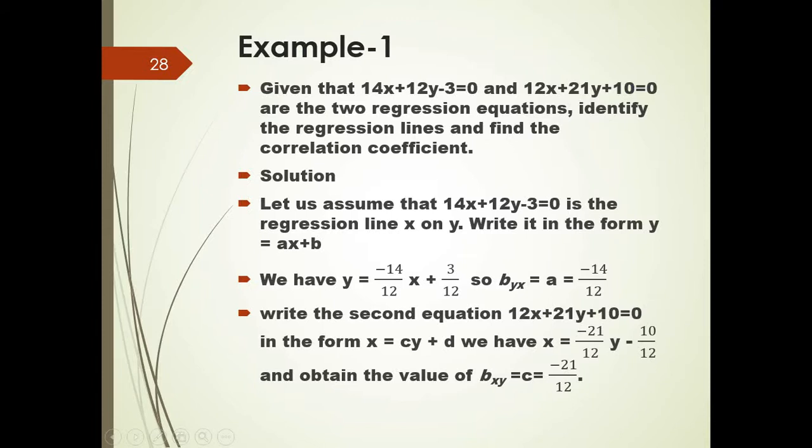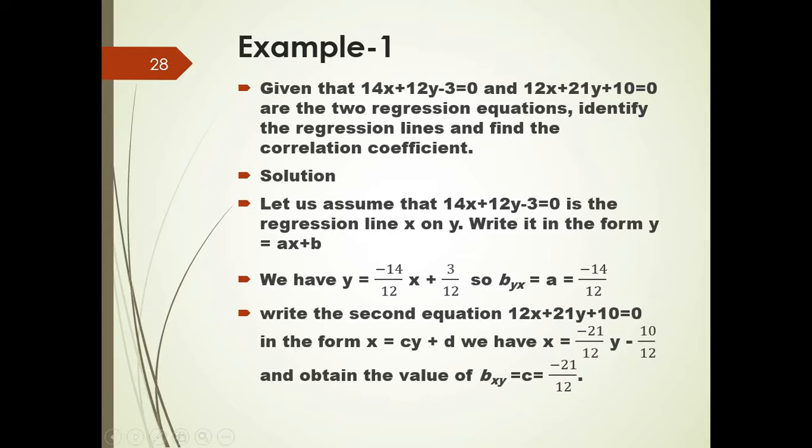How to identify this? For this, first take one of them. I take this first equation as y on x, and I write the equation in the form y equal to a coefficient times x plus c, where y has coefficient 1.